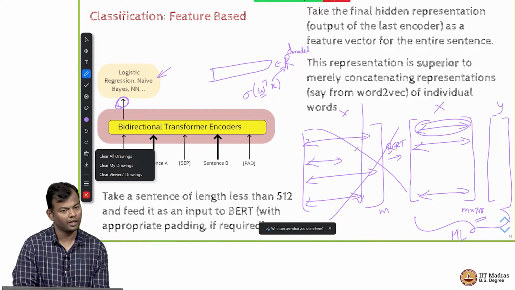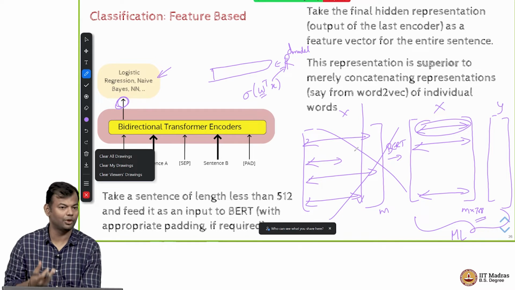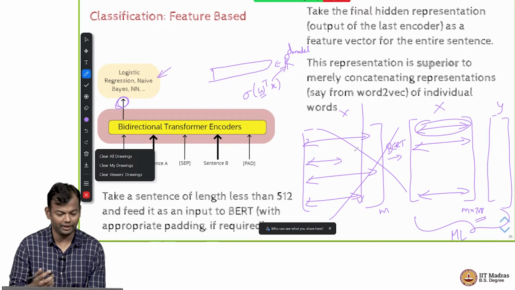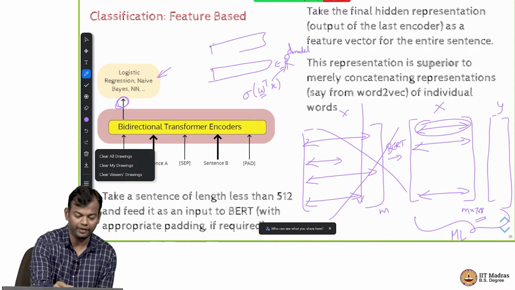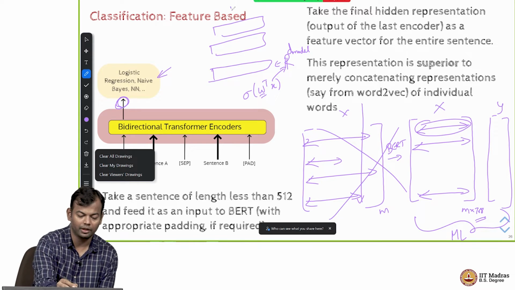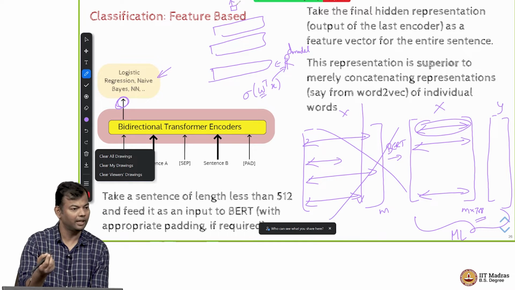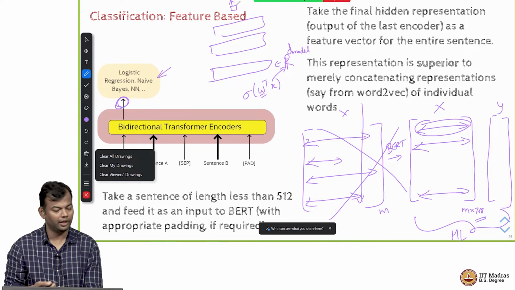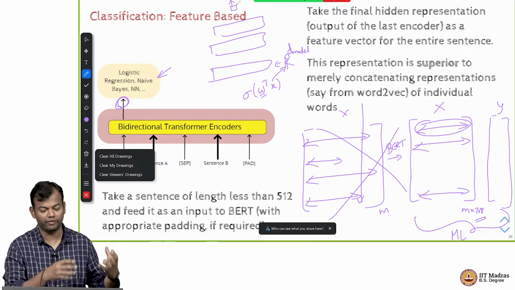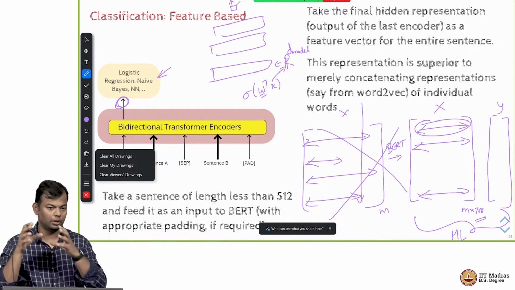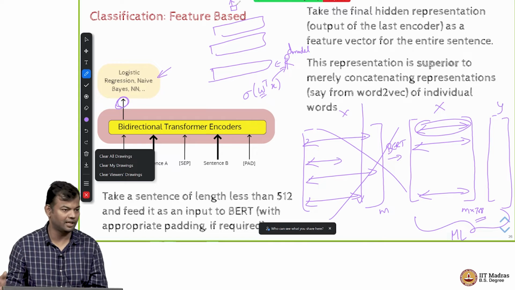So this boils down to a simple machine learning algorithm. In fact, you could also have a feed forward network here, and then at the output you are just predicting the class 0 or 1 and maximizing the probability of the correct class. So you are just using BERT to convert from X text to X numbers, the 768 dimensional numbers.